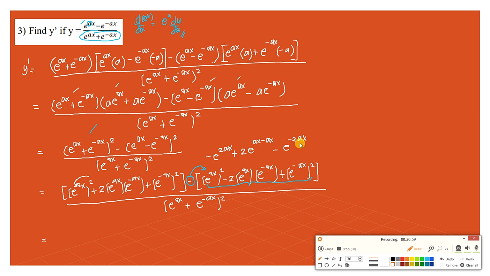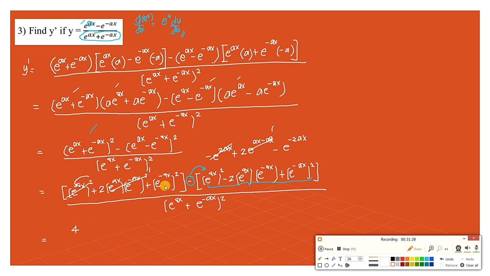Okay. So, e raised to 2ax minus e raised to 2ax. Cancel pa rin yan. Ito, wala na to, no? Kasi 1 na lang yan. Okay, ito, 1 na lang din. Kaya 2 plus 2, so meron talagang natirang 4, katulad kanina.